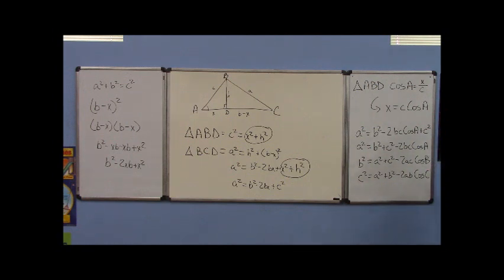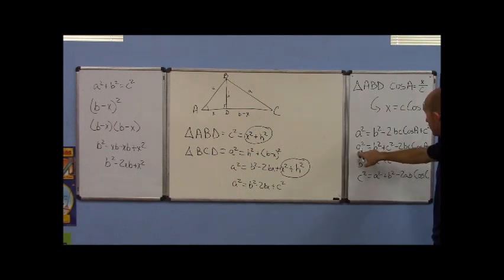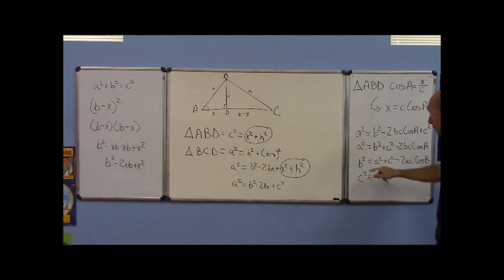If you forget your piece of paper, you can recognize that these first two are the other two sides, minus 2 times the other two sides times the cosine of this angle here. So you kind of see the pattern. With b equals the other two sides added together and squared, minus 2 times both of those two sides cosine of this one here.